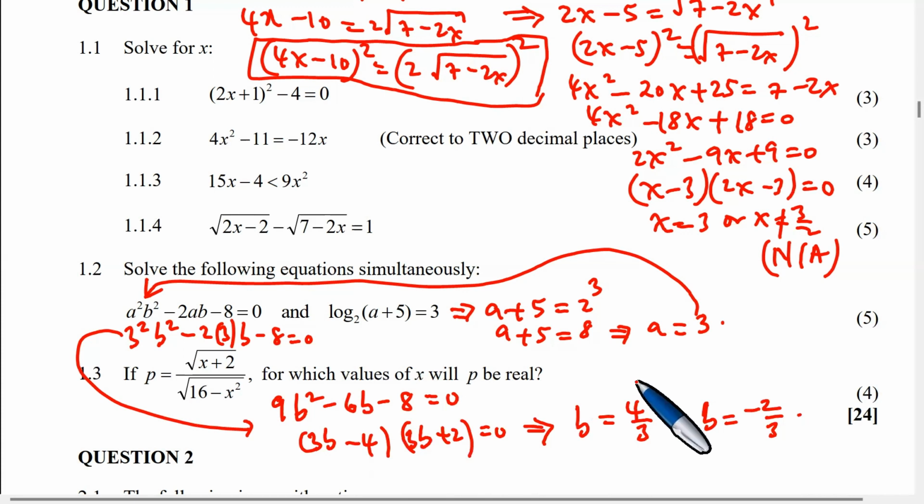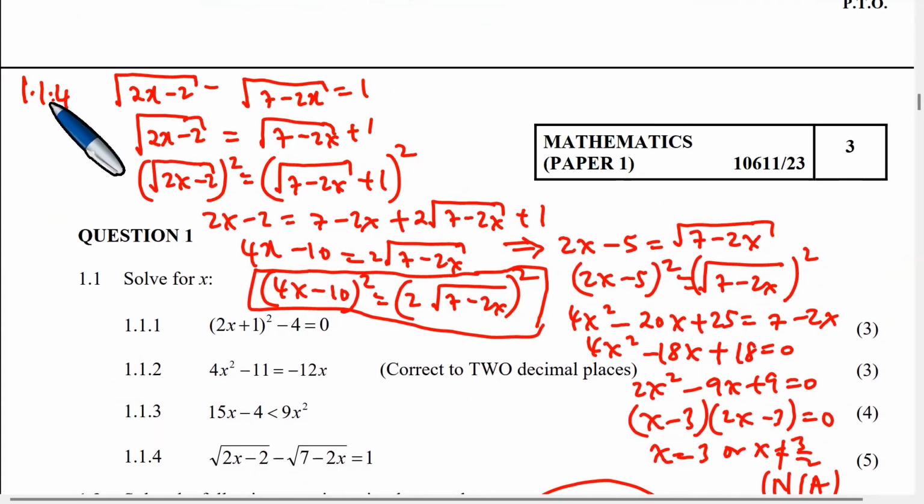Right, so we've been able to solve for these particular simultaneous equations here as shown. We got a equals 3 and we got b equals 4/3 or b equals minus 2/3. The next thing is we put our effort together to actually solve problem 1.3.